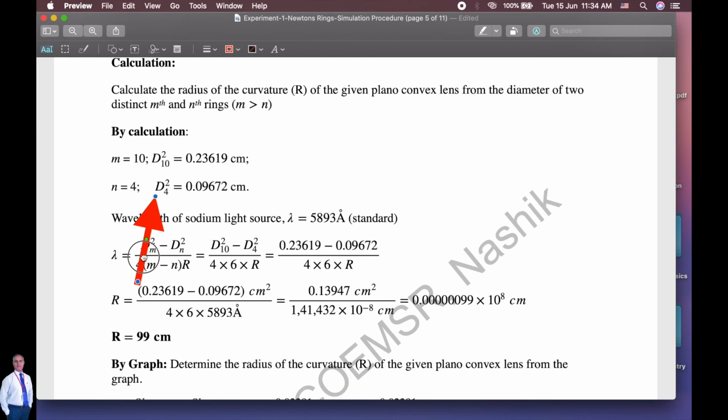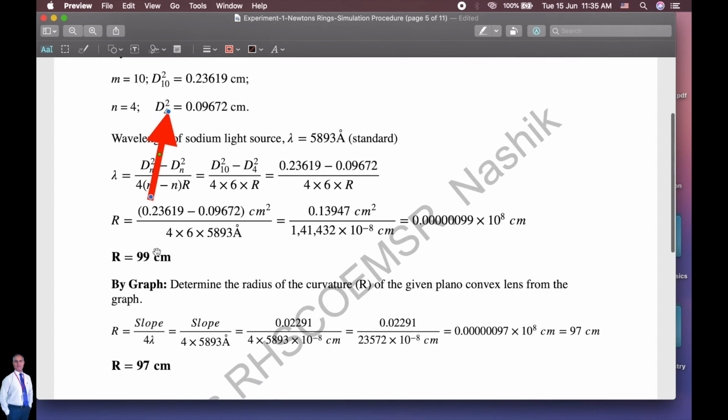Just keep any difference m minus n, maybe 5 rings or 6 rings or 4 rings, it's your choice. Now I am taking here m's value 10, that is the 10th ring. So the diameter square of the 10th ring is 0.2619 centimeter square, according to the table value, and I have taken here n equal to 4. So d4 square is 0.09672 centimeter square. This is just a demo calculation.